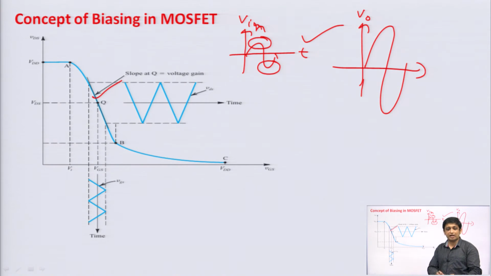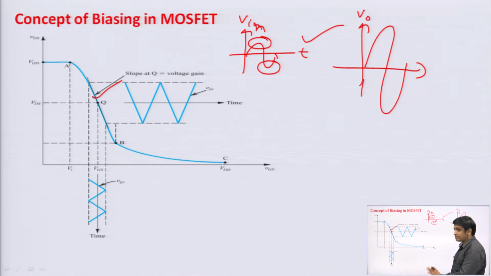Whenever we design any amplifier, firstly we do the biasing. Biasing means we ensure that the operating point is at the proper location and your MOSFET is in saturation. Once biasing is done, we apply the input signal, and it gets amplified without any distortion, which is desirable.